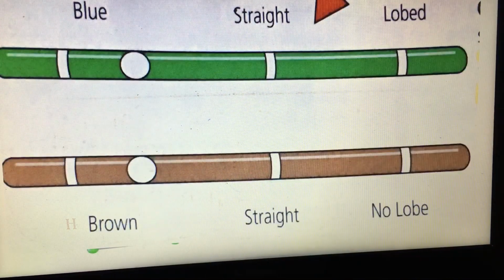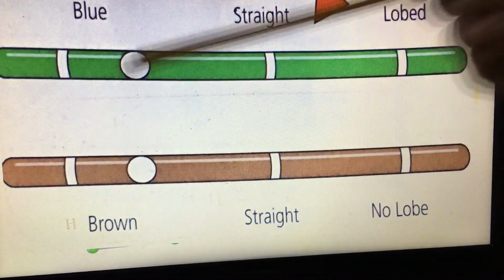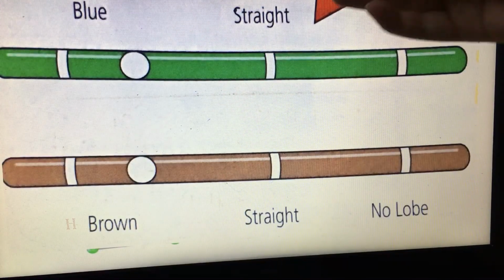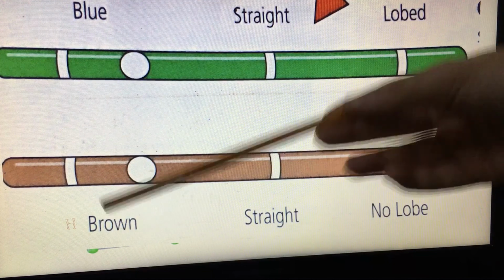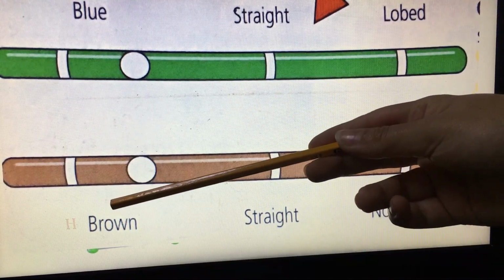Now the third concept is allele. If you focus on those two chromosomes, you will find that each chromosome may carry alternative forms of the same gene. If you remember, we said here we have eye color. Here we have a blue eye color, and here we have a brown eye color. So we have alternative forms of the same gene.